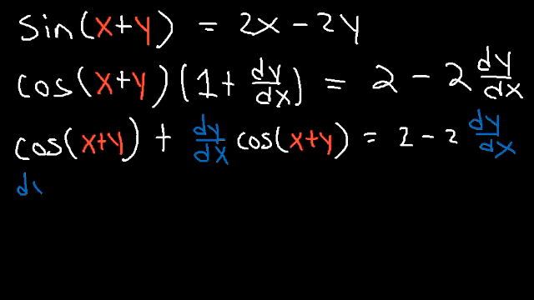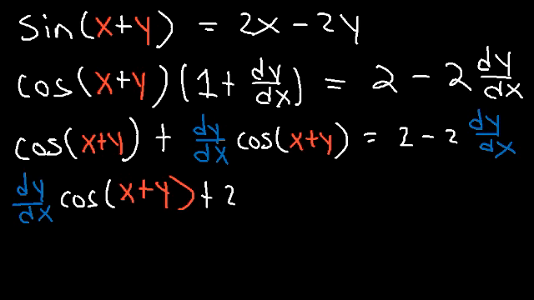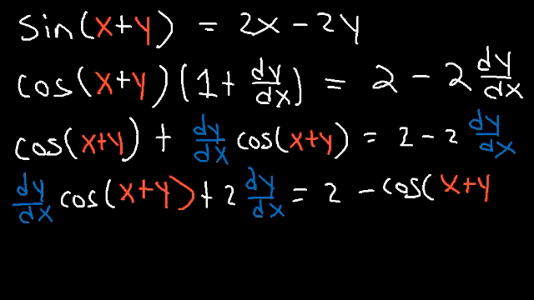On the left side, we're going to have dy dx cosine x plus y, and then plus 2 dy dx. On the right side, it's going to be positive 2 minus cosine x plus y. So our next step is to factor dy dx.